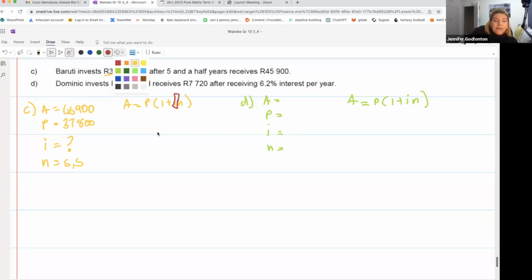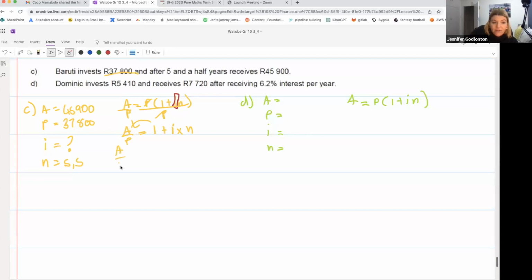Cool. So let's start doing that. I want to divide both sides by P, because I don't want that P on that side anymore. So we're going to have A over P is equal to 1 plus I times N. Next thing we're going to do is move that 1 over.